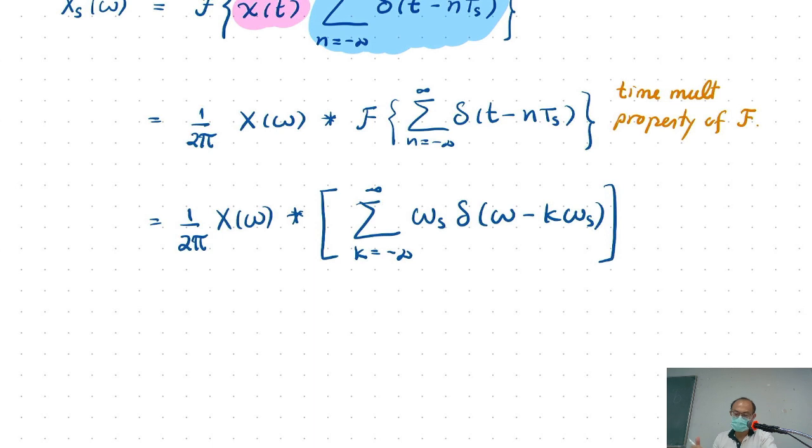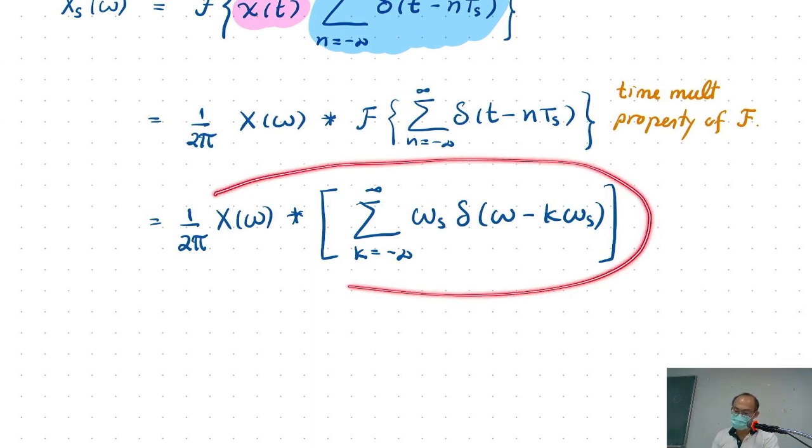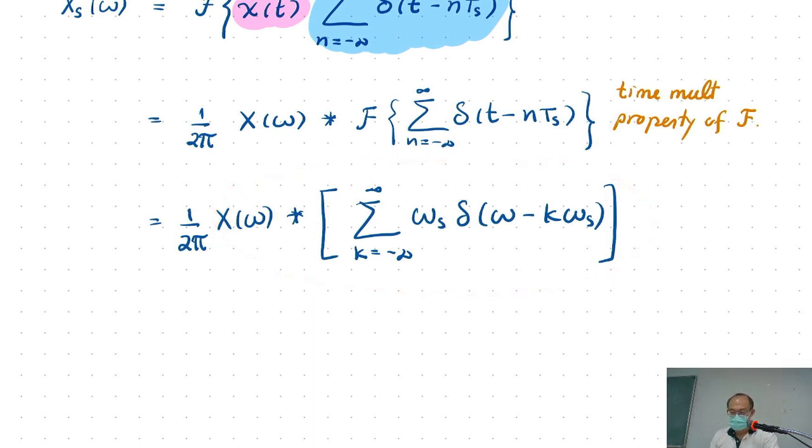Now, I am noticing that omega s is just 2 pi over Ts, right? This is 2 pi over Ts. So I know that the factor 2 pi will cancel out. So I can pull Ts out of the parentheses to the front.